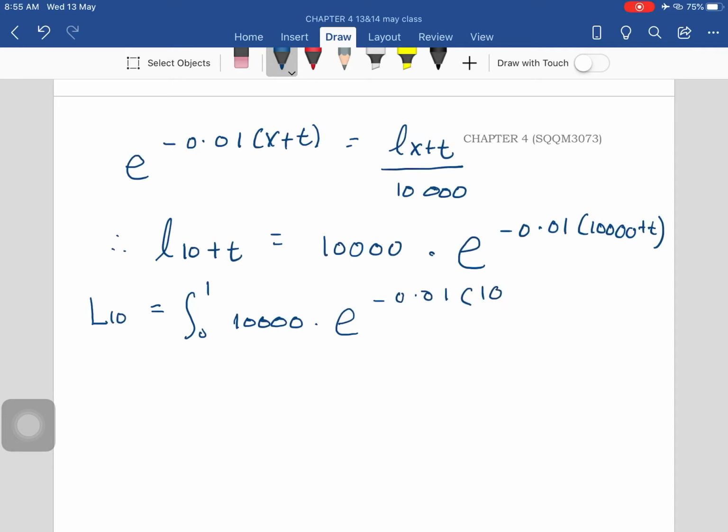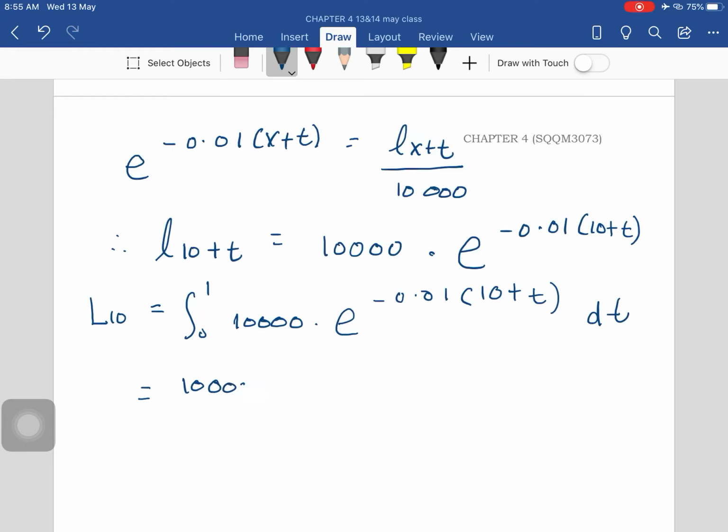Sorry, this is 10, isn't it? 10 plus T, sorry. 10 plus T, yes. So 10 plus T, integrated with respect to dt. So we can take out the constant.